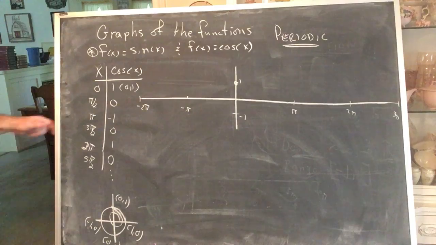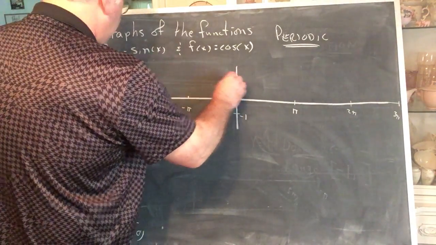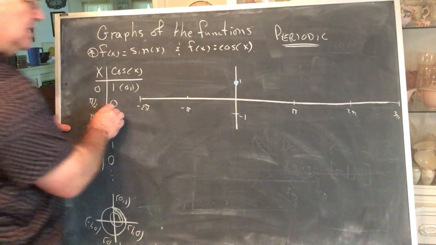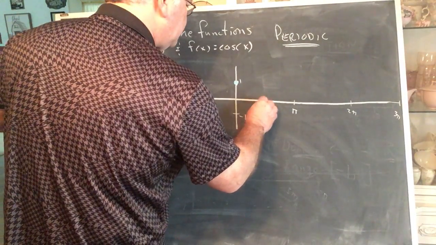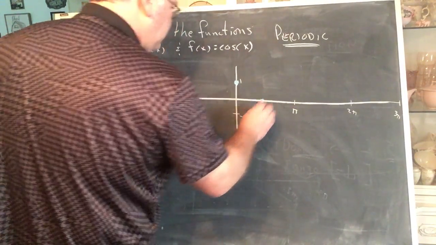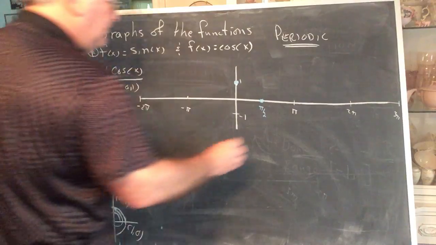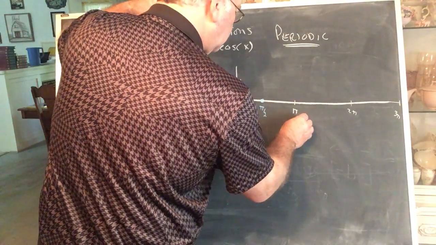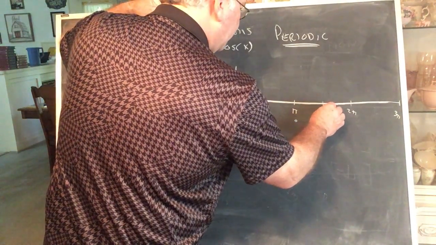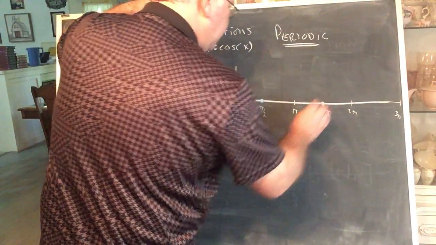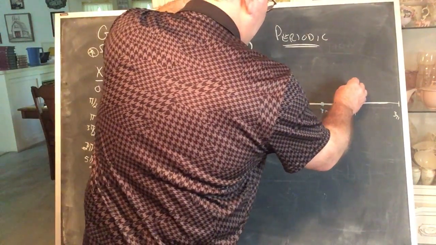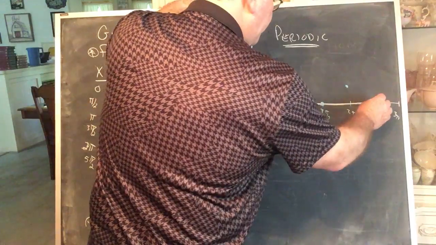So let's plot these points: 0, 1, at pi over 2, 0. So here's pi over 2, 0. At pi, -1. At 3 pi over 2, the function value is 0. And at 2 pi, the function value is 1.